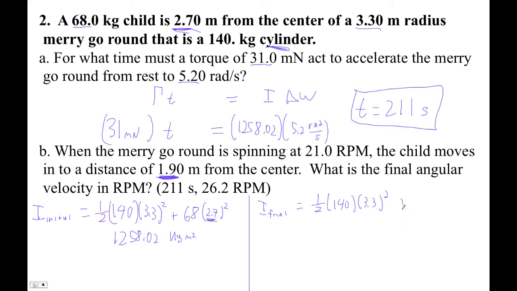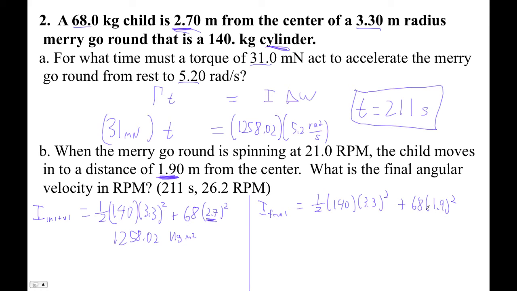And now they're going to be at 1.9. It's exciting. It's an exciting development. So 68 times 1.9 squared. So again, if they say an object of a certain mass is at a particular position, use the mr squared one. If they say it's a cylinder, if it's a sphere or whatever, use the appropriate formula for that.